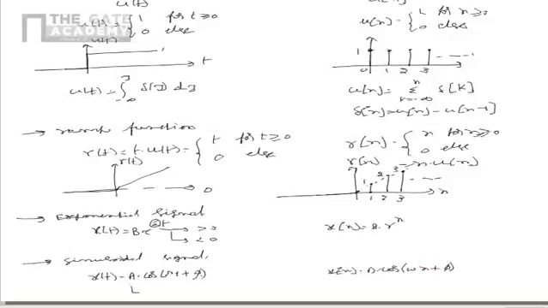The continuous time signal is periodic with a period of 2 pi by omega, and the discrete time signal is periodic if and only if there exists n such that omega n is equal to 2 pi k, where k belongs to z. So by default, a into cos omega n plus phi is not periodic. For it to be periodic, there must exist an n and k such that k belongs to z and n belongs to z and omega n is equal to 2 pi k.